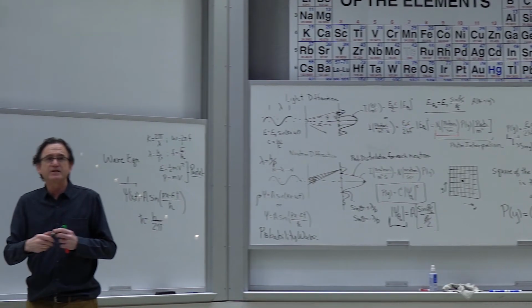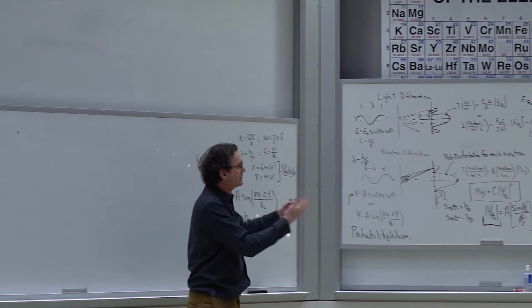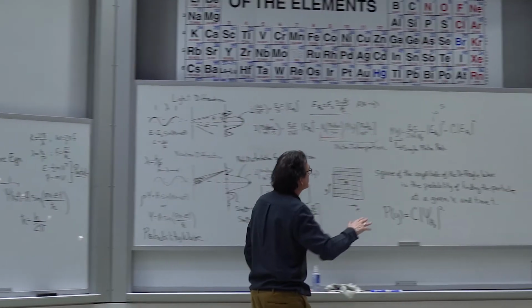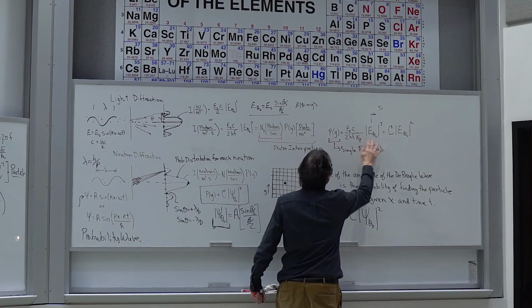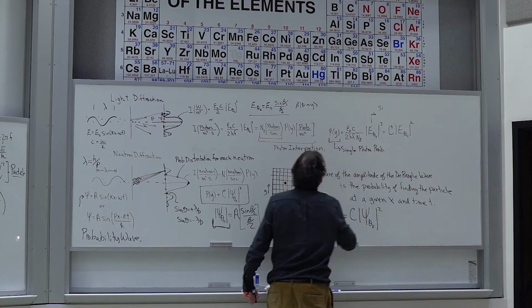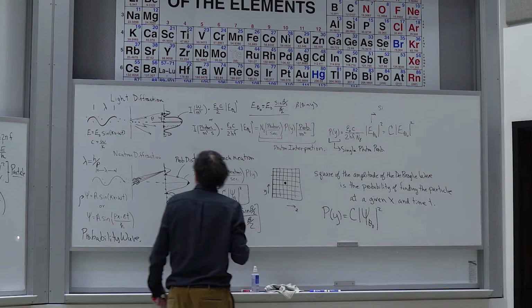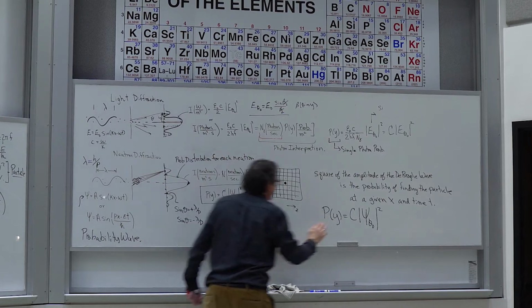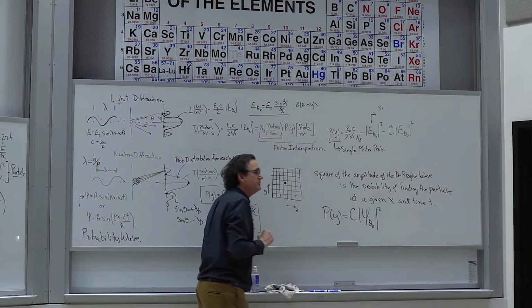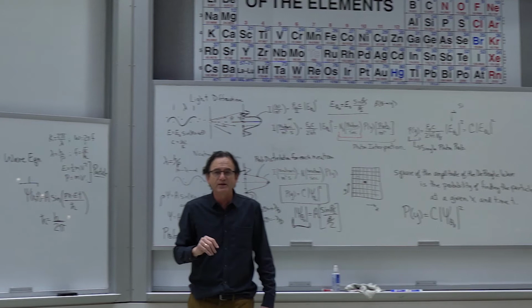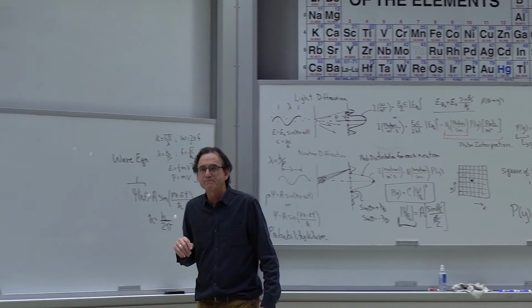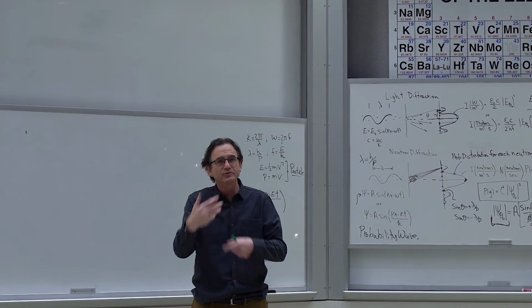Okay? And it all comes out of this equation right here. By comparing with what we know with photons and light, we apply the same logic for neutrons and its wave, and we say, oh, its probability must also be proportional to the square of the amplitude of the wave. And that's how we get the interpretation.